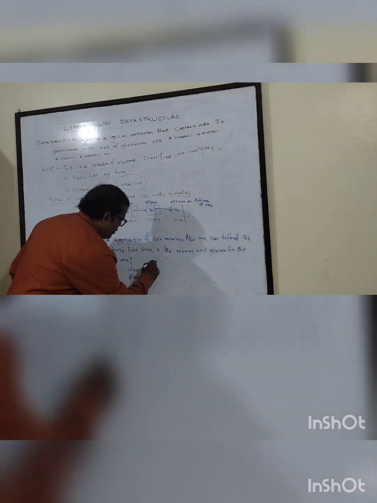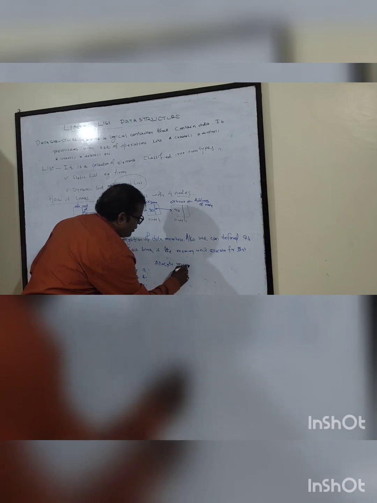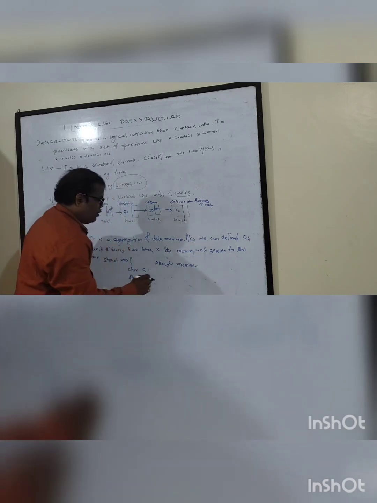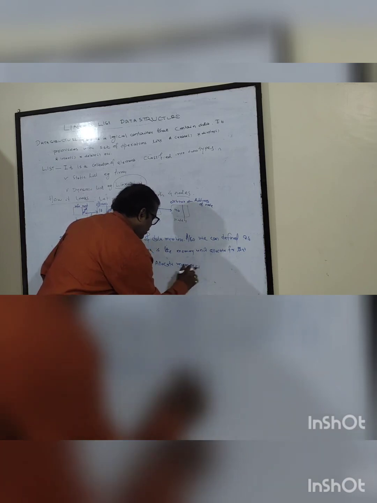You can see that this is allocated memory, allocated like this. How is the memory allocated? It consists of 3 blocks: block 1, block 2, block 3.